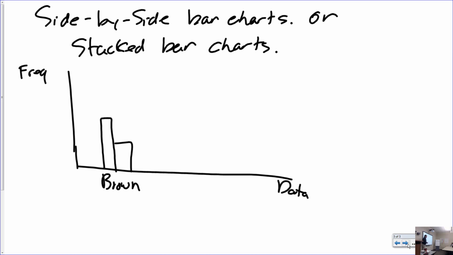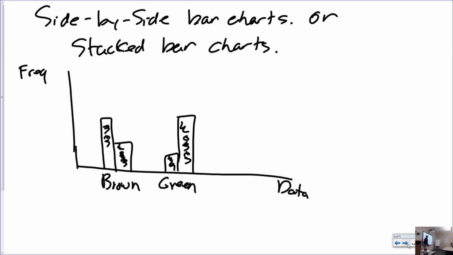So you just put them side by side, and you have to make sure that you indicate that they're side by side, okay? And then you would say, oh, okay, here come the green-eyed people, and here are the men, and here are the women. And again, maybe you're doing some statistical analysis about eye color and sex, pick your favorite topic, okay?